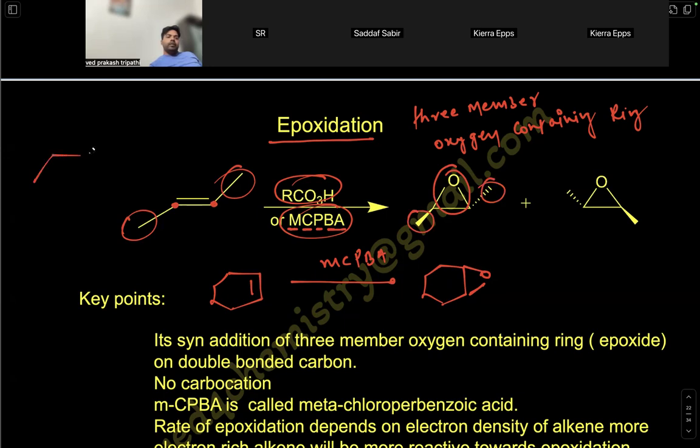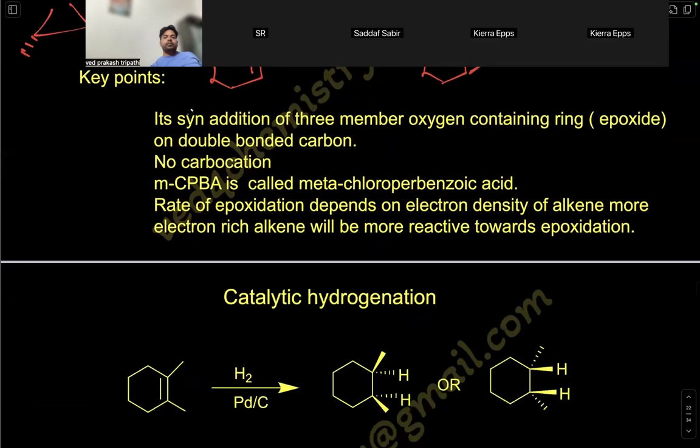Suppose we have a cis alkene, then the epoxide would be here with one on the wedge and this one also on the wedge, or dash dash. Makes sense? Please tell me it makes sense. Perfect.